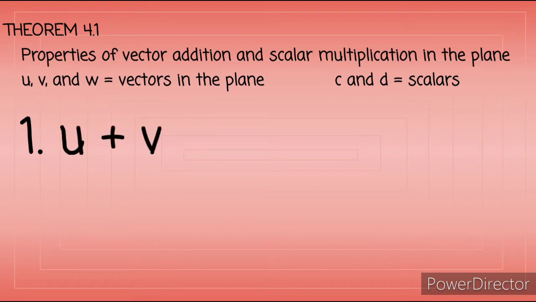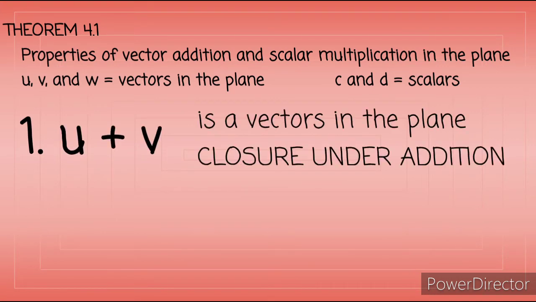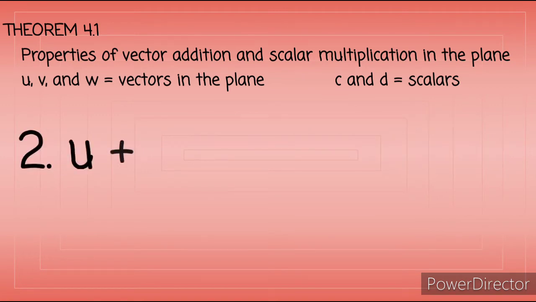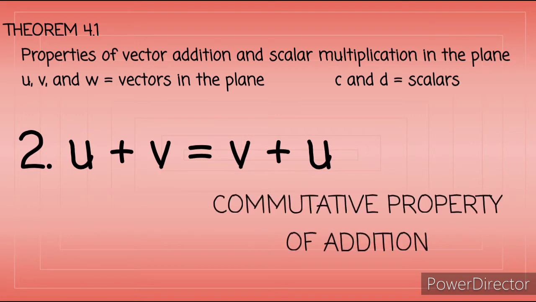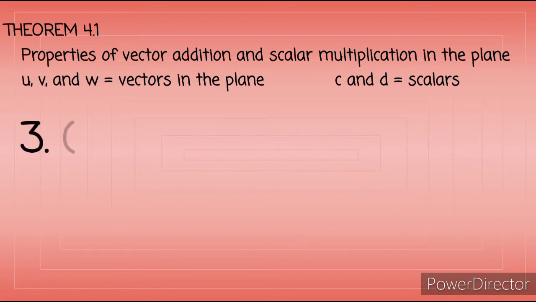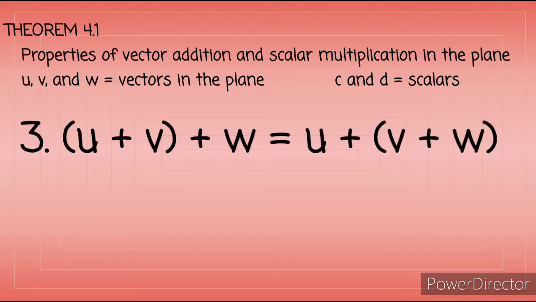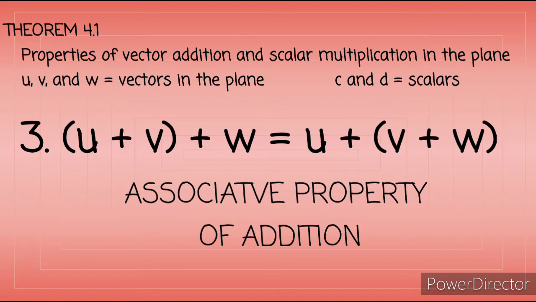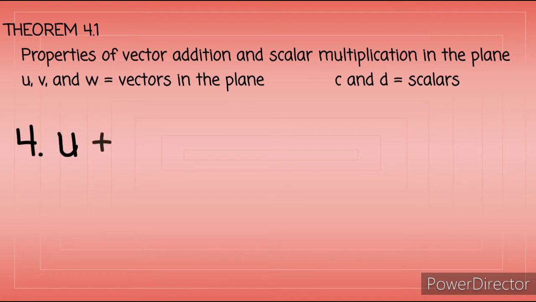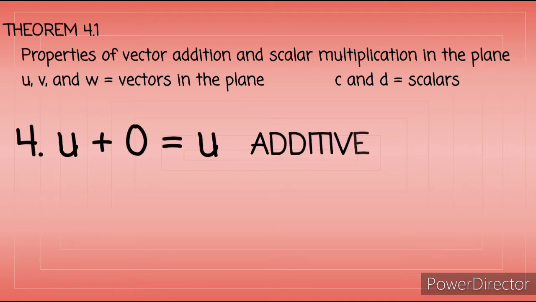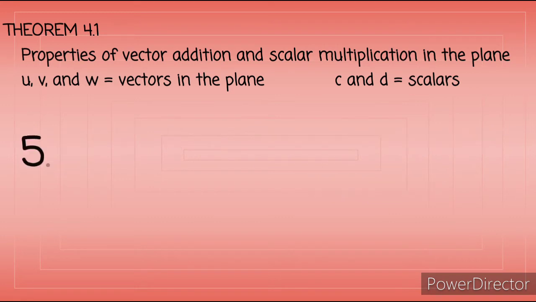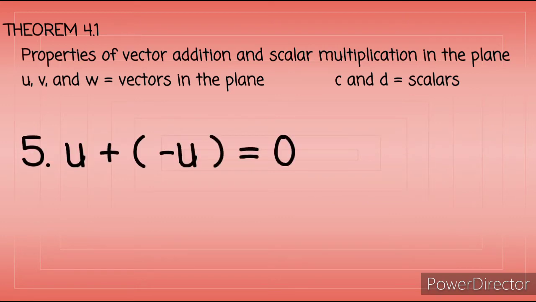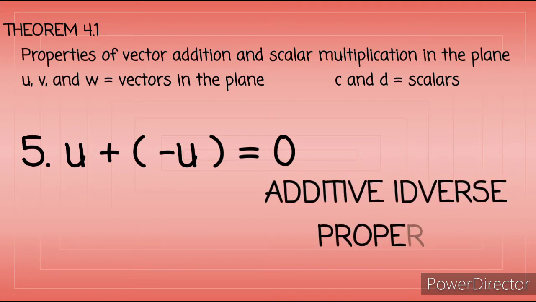Number 1: u + v is a vector in the plane, closure under addition. 2: u + v = v + u, commutative property of addition. 3: (u + v) + w = u + (v + w), associative property of addition. 4: u + 0 = u, additive identity property. 5: u + (-u) = 0, additive inverse property.